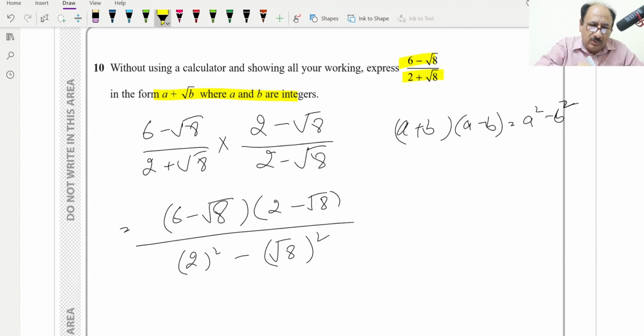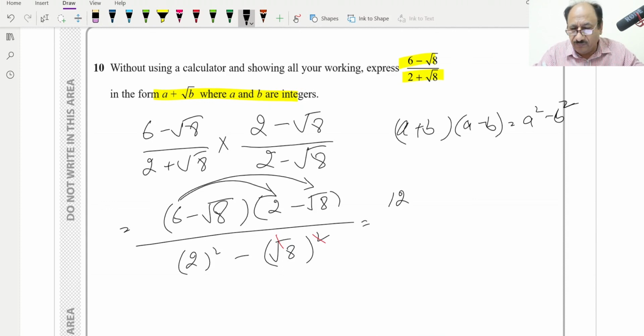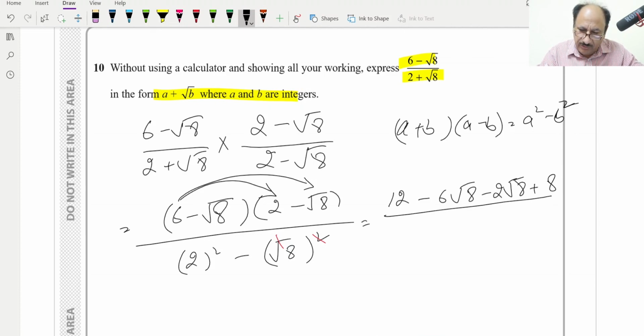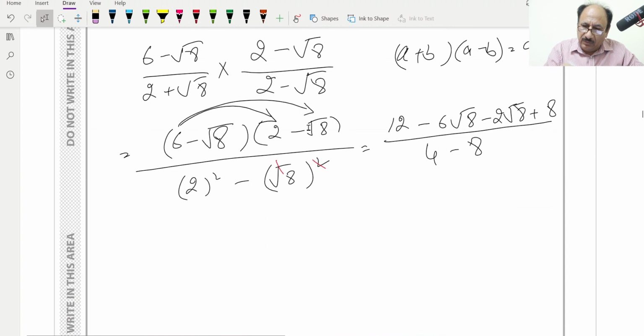This root and square will be cancelled, and in the next step we can write by multiplying this with this. 6 with 2 will be 12, then 6 with under root 8 will be minus 6 under root 8, and under root 8 with 2 will be minus 2 under root 8, and under root 8 with under root 8 will be plus under root 8 square, which is 8, and over it will be 2 square, which is 4, 4 minus 8.